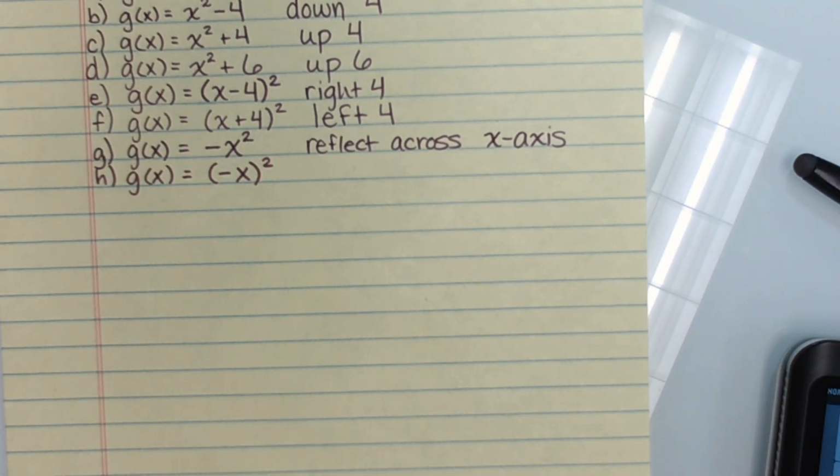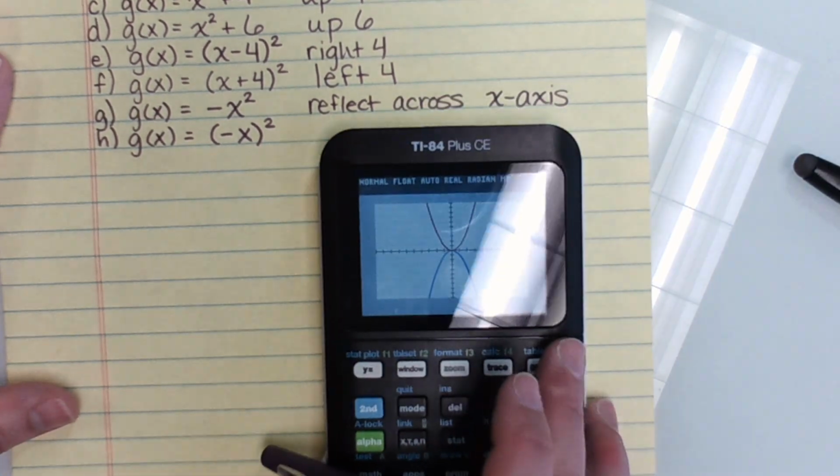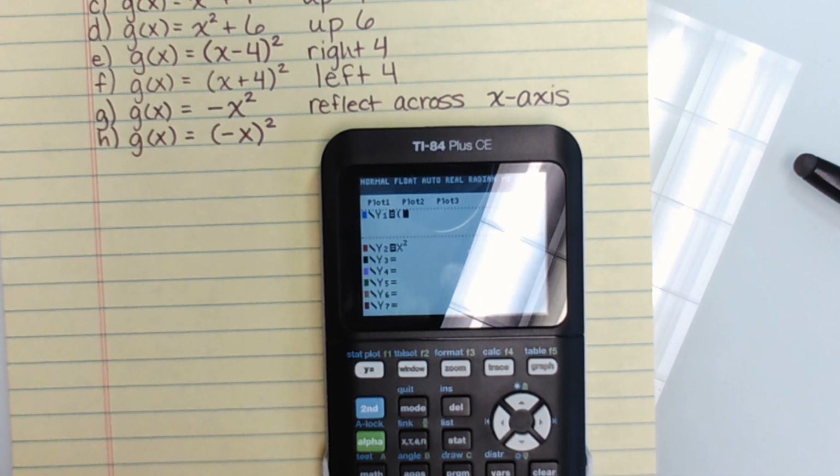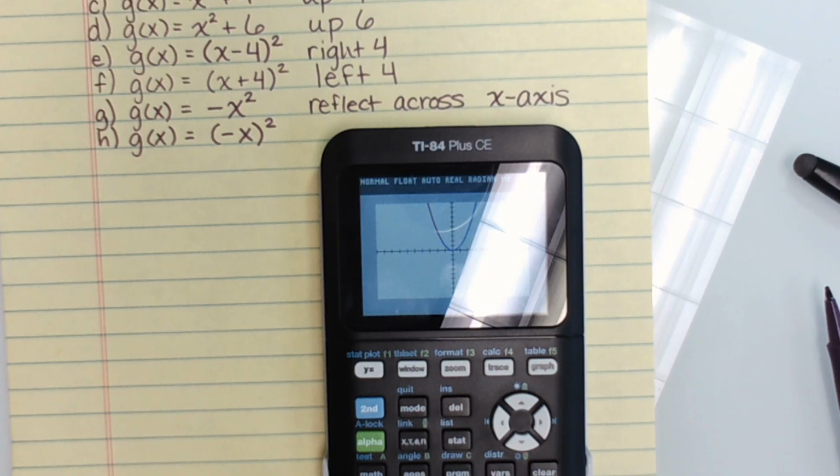Okay, again, I'm going to flip-flop if I do it just to the x or if I do it to the entire function. The first time I did it to the entire function. This time I'm just making the x negative before I square it. What do you think's going to happen there? Did you catch it?